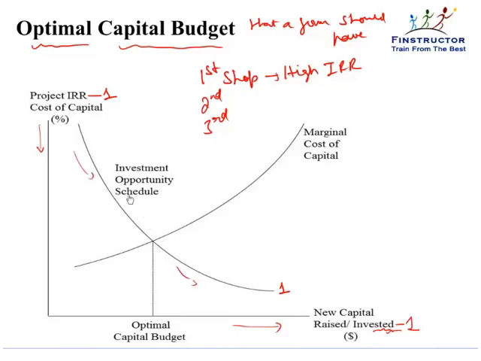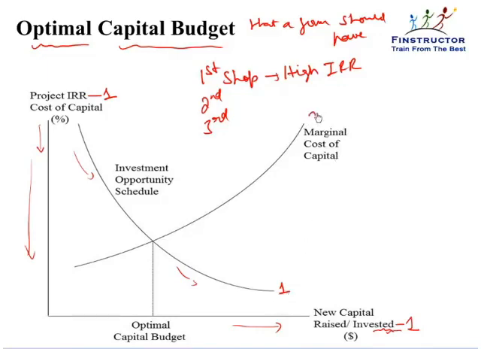That is, incremental projects are not as profitable as the original one. So the IRR of the projects will start moving down as I invest more.